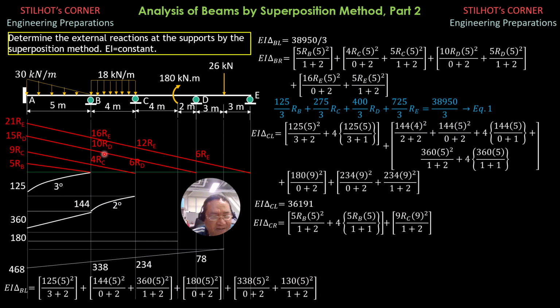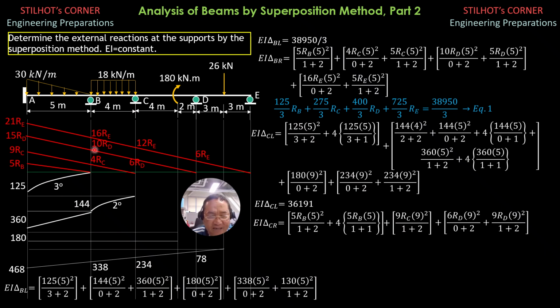Then for RD, we have to consider this. We have RD, and due to concentrated load, the moment at the wall will be 15 minus 6, so 9 RD. Deflection at C, 6 RD, 9 square over 0 degree plus 2. And for the concentrated load, 9 RD, 15 minus 6, 9 RD, length 9 square over first degree plus 2.